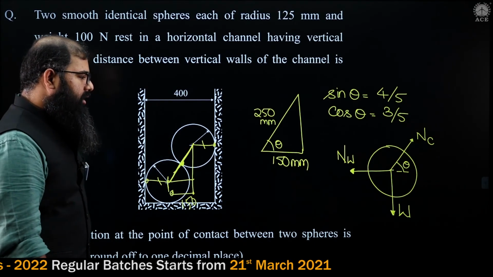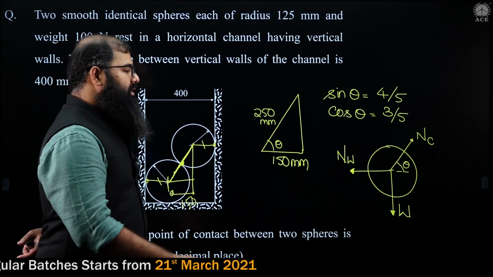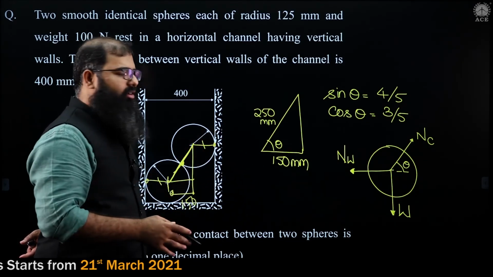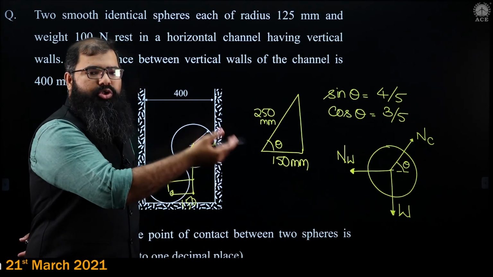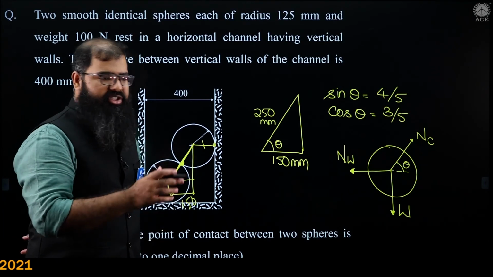For that reason, I won't apply Lami's. There's a very simple way over here. Sigma Fy equal to 0 should be sufficient.